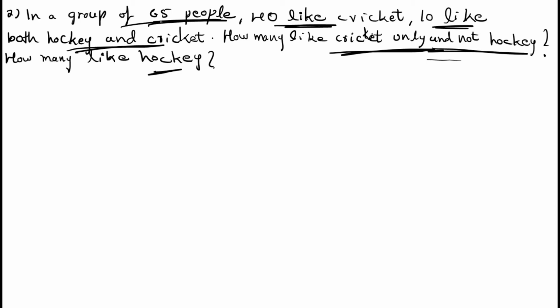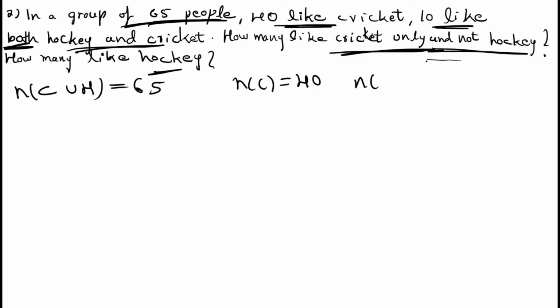In a group of 65 people, cricket players take it as C, hockey players take it as H. N of C union H is equal to 65. N of cricket players is equal to 40, and both cricket and hockey means intersection, so n of C intersection H is equal to 10.